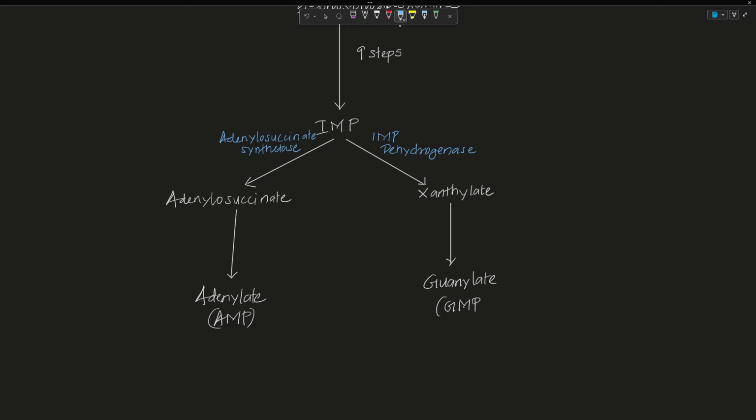The enzyme used here is adenylosuccinate lyase. Lyase is used in order to release fumarate from adenylosuccinate. And here the enzyme used is XMP, or xanthylate, glutamine amidotransferase.